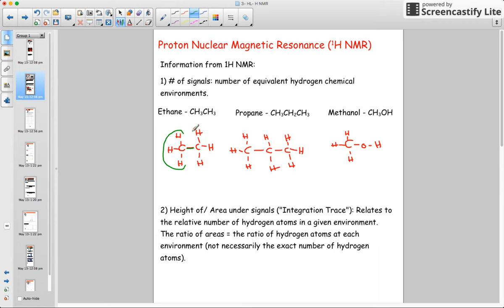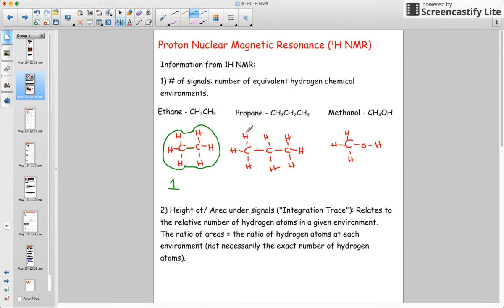Well, if you think about these three hydrogens over here that we know are in the same environment, they are on a CH3 group that is next to a CH3 group. So actually, both of these sets of hydrogens are identical to one another. So there's only one environment in this first molecule. All 6 of these hydrogens really have the same existence. They are attached to a carbon that is attached to a CH3. That's true for all 6 hydrogens.